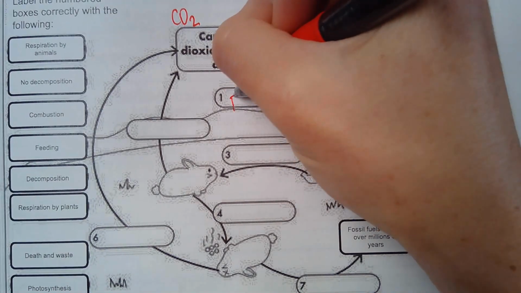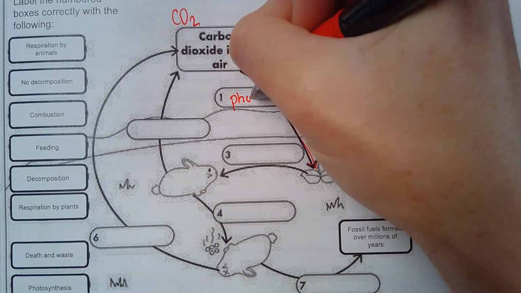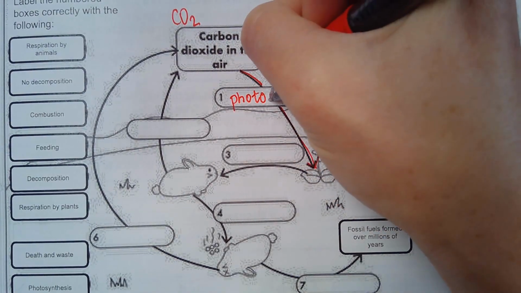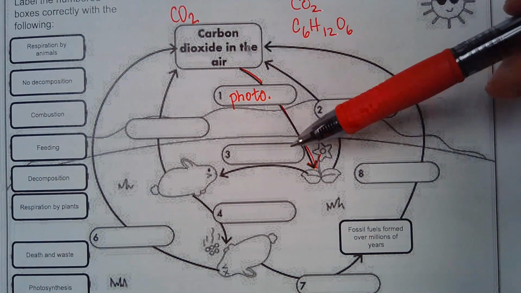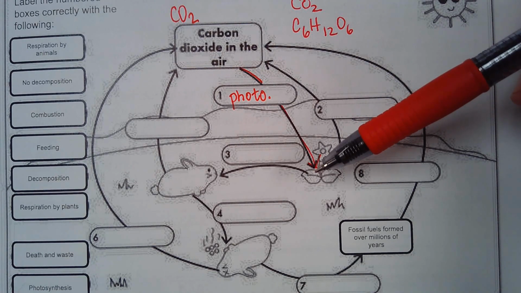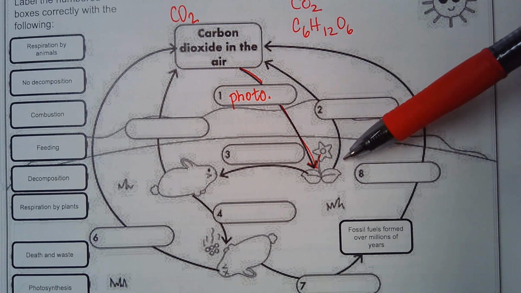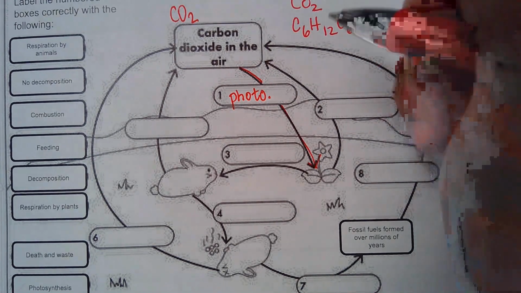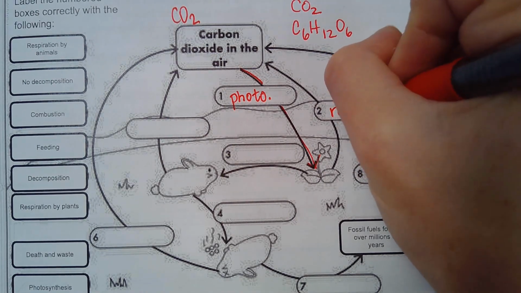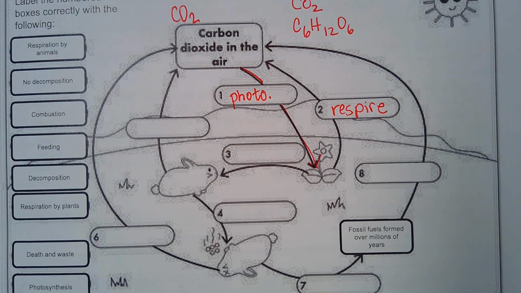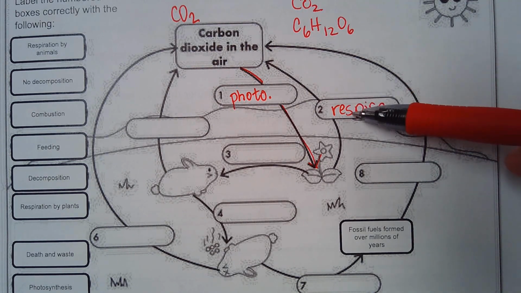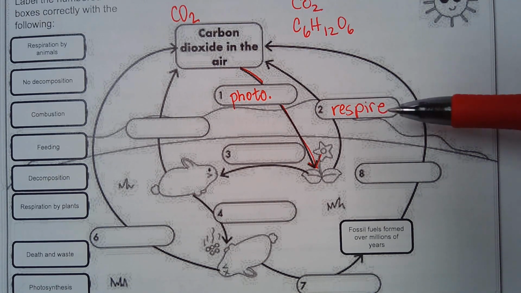We can just write photo, P-H-O-T-O. So the plant takes carbon dioxide from the air, and it actually releases some carbon dioxide as well in a process called respiration. So we'll write respire. That just means to breathe. R-E-S-P-I-R-E.